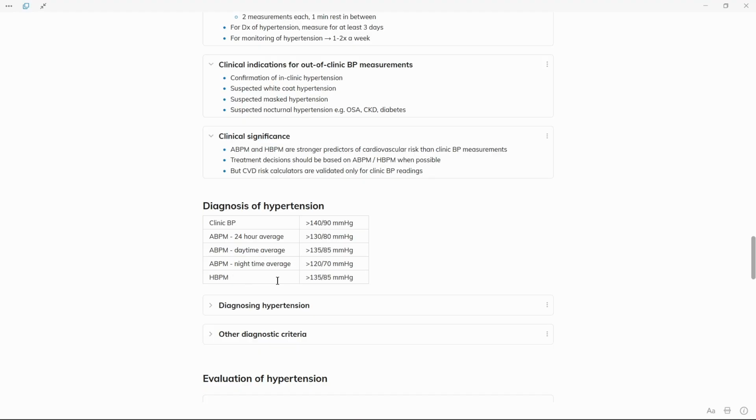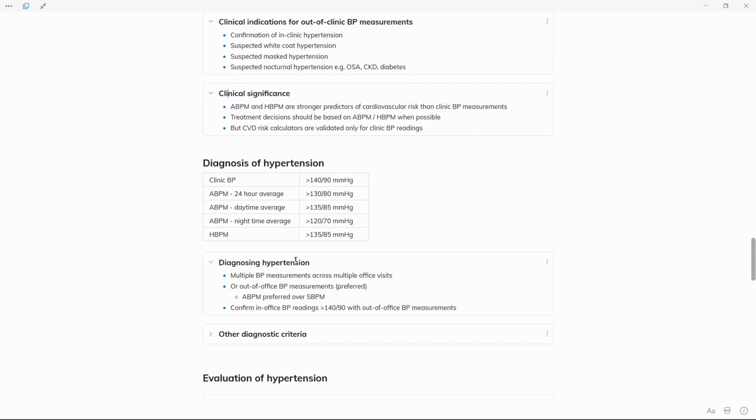The home blood pressure monitor uses exactly the same criteria as the daytime criteria for the ABPM, which is 135/85 or greater. Again, to diagnose hypertension, you need multiple measurements of blood pressure across multiple visits, in or out of the office.